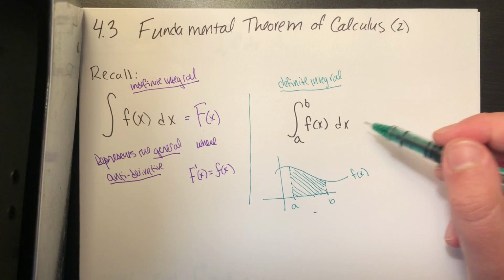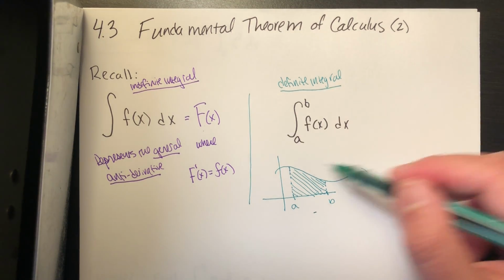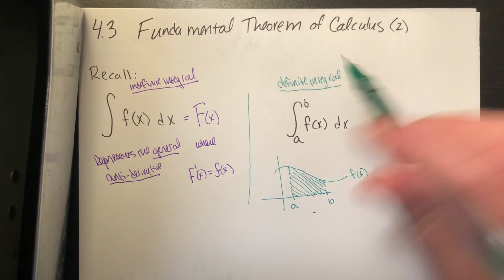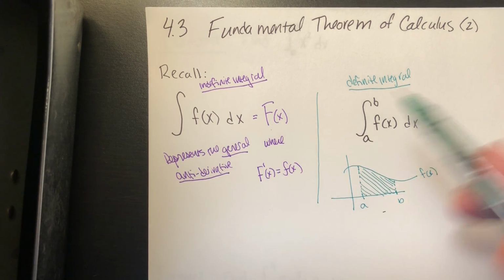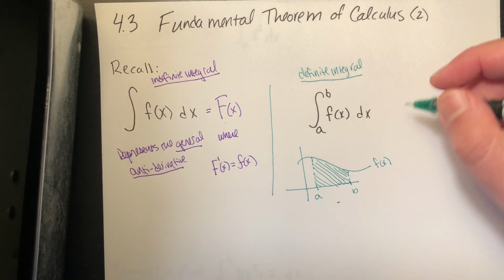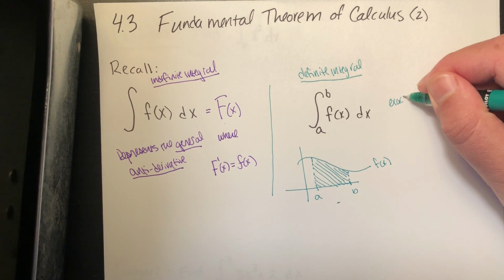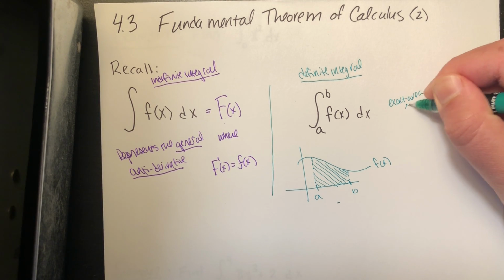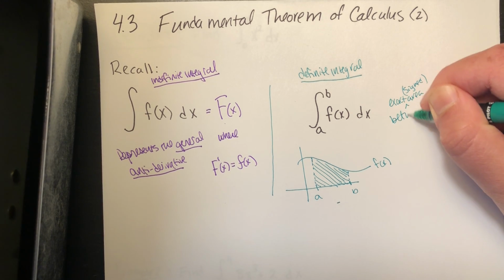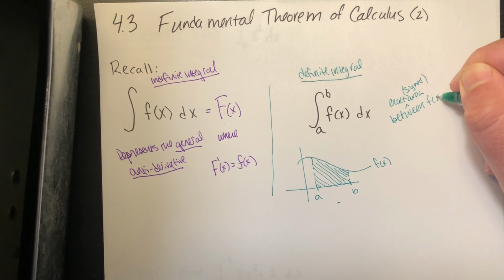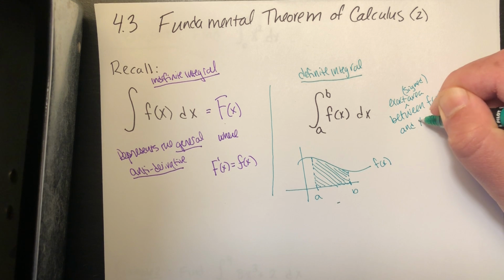But in particular, this is a number, right? Whatever this is, it should be some real number, as opposed to the indefinite integral, which is a function, okay? And so this is the exact signed area between a curve f of x and the x-axis.